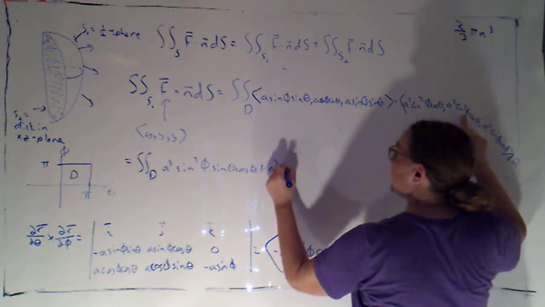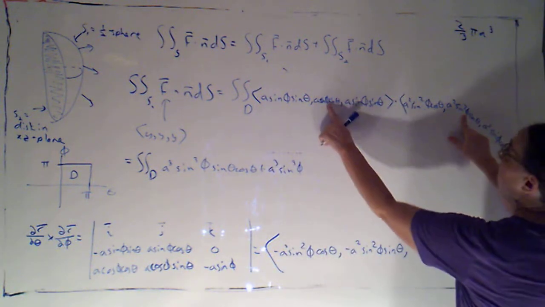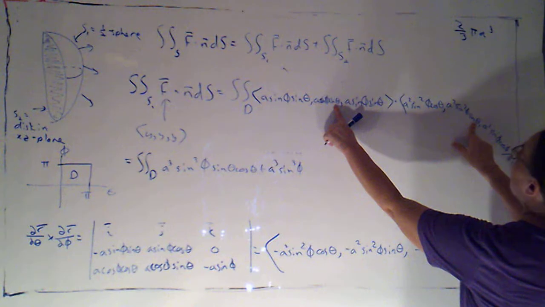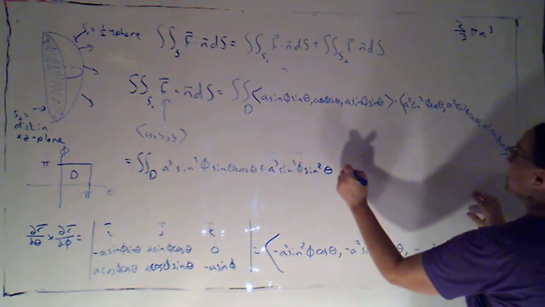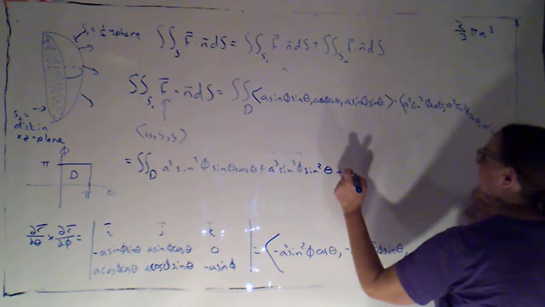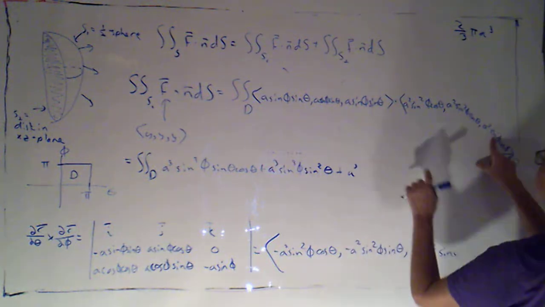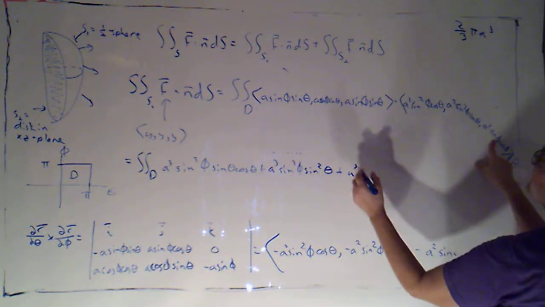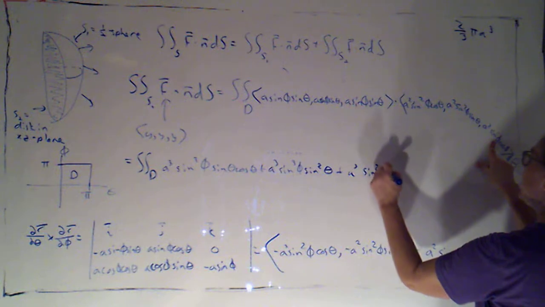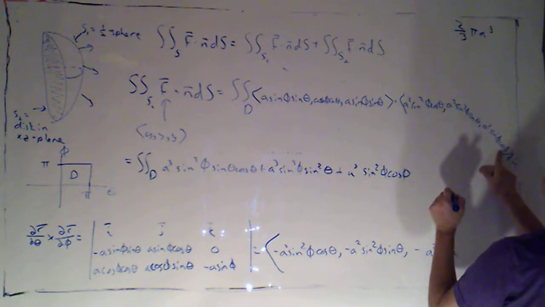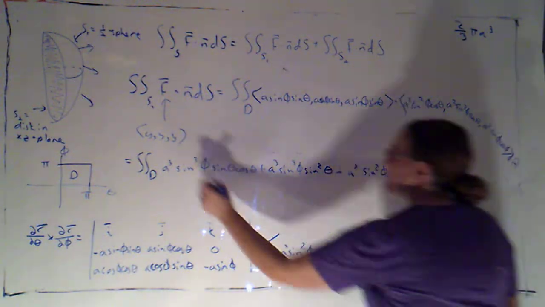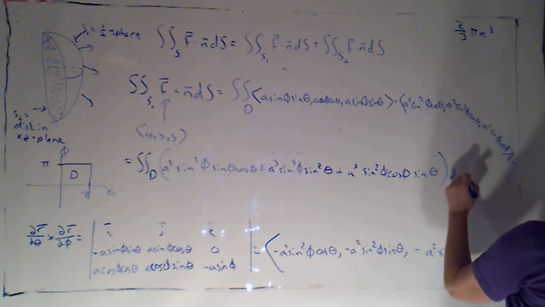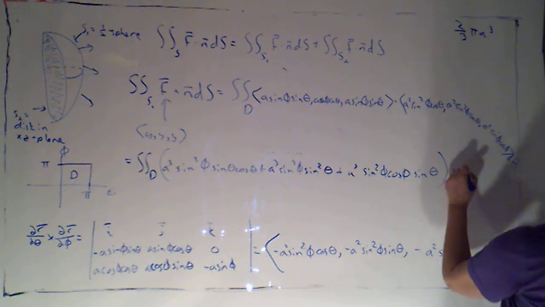So I'm going to get sine cubed phi again. And then sine theta times sine theta, so that's a sine squared theta. Plus, here I'm going to have a cubed sine phi times sine phi is sine squared phi times cosine of phi times a sine of theta. And we're integrating that dA.